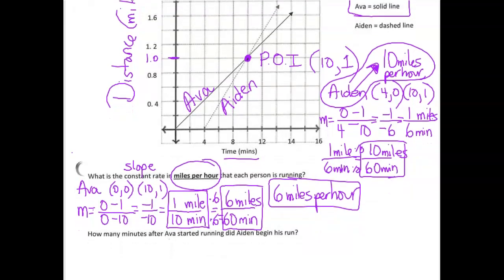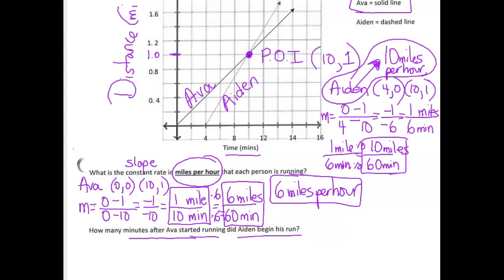It says, how many minutes after Ava started running did Aiden begin his run? I really wish I could change my color here. I can't. Alright, so Ava started at 0 minutes. So Aiden started 4 minutes after Ava.